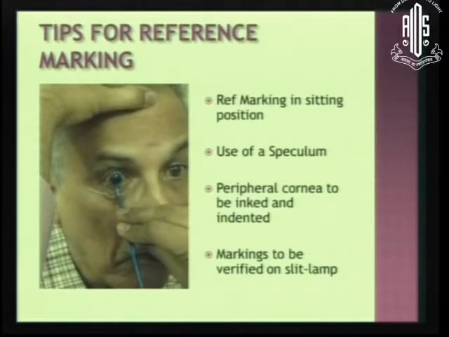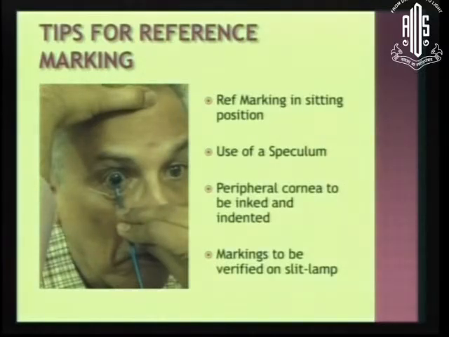The slit lamp is the best device to know whether you marked correctly. Because all slit lamps, whether you use an Indian slit lamp or an imported slit lamp, have basically an ability to rotate the beam. And at the same time, there is a scale to tell you the axis by which you have rotated the beam. If you have made a mistake when marking in the straight head position, you can recorrect or note the degree of rotation.